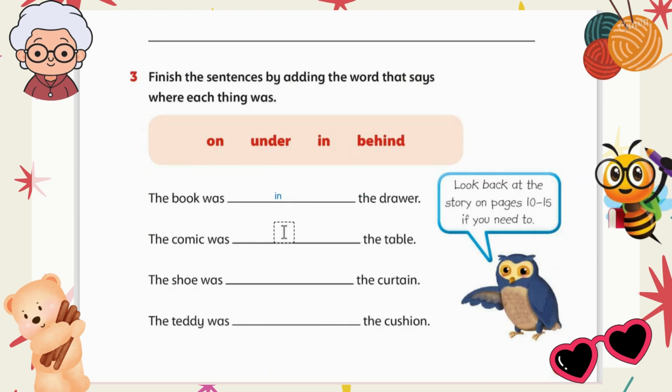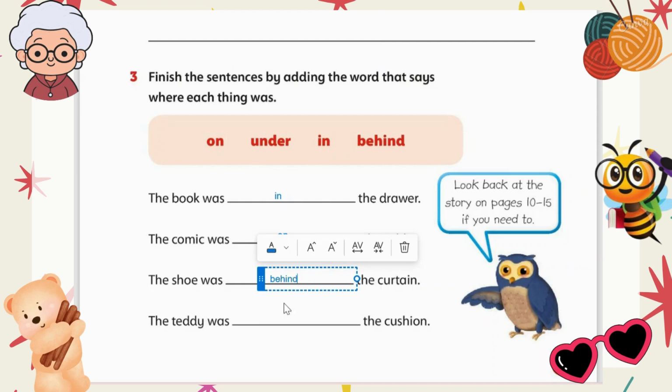The comic was under the table, on the table, or behind the table. What is it? On the table. The comic was on the table because it was on the top of the table. The shoe was behind the curtains, or it was under the curtains? Behind the curtains.